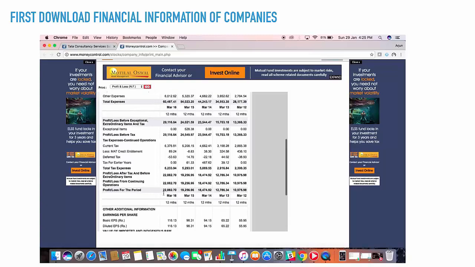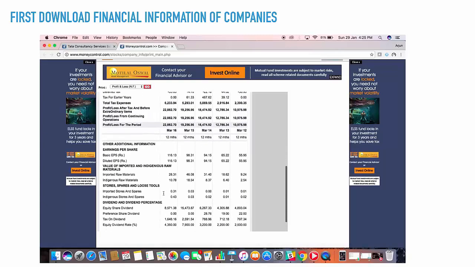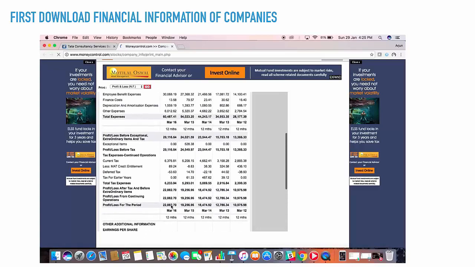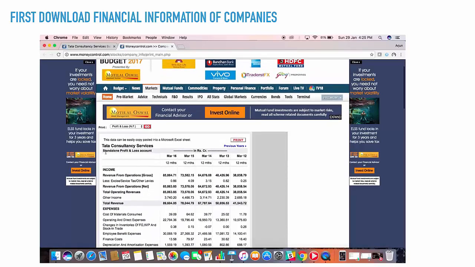So you can get the profit after tax, you can get the dividends as shown over here. These are the key inputs for all your financial ratios. And as in the earlier case, you can also copy paste this entire information directly into an Excel and record it for future use.